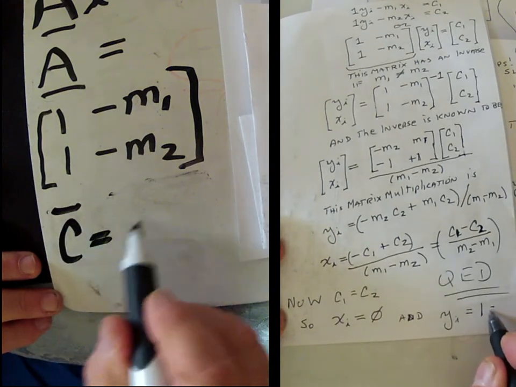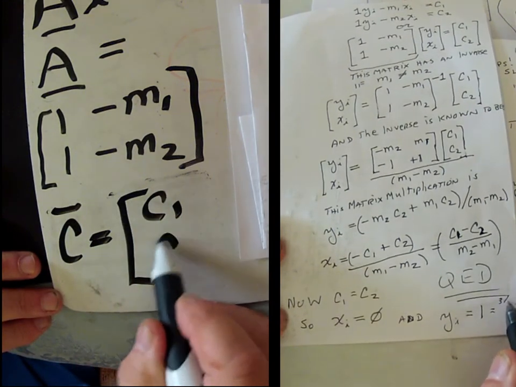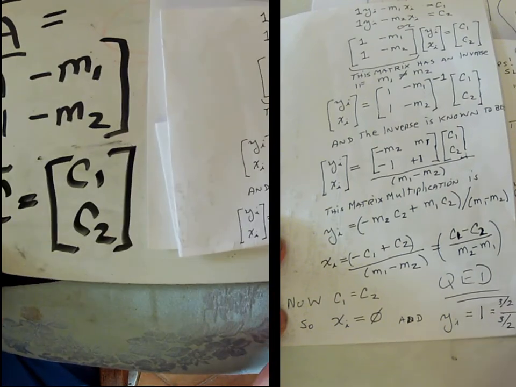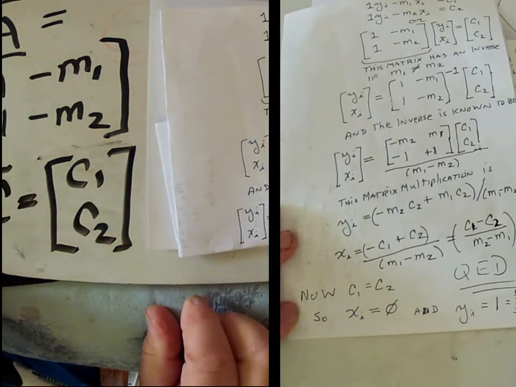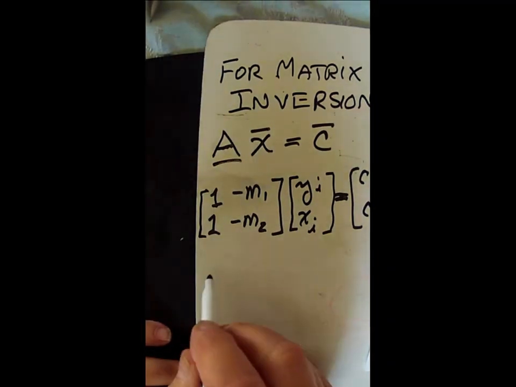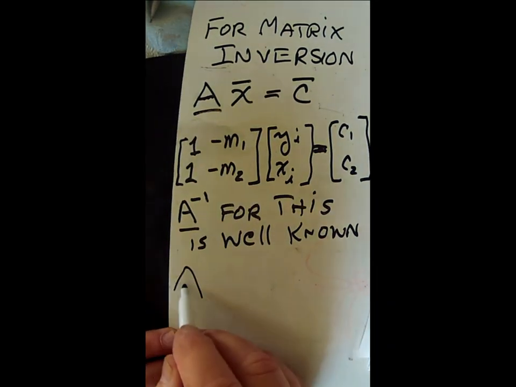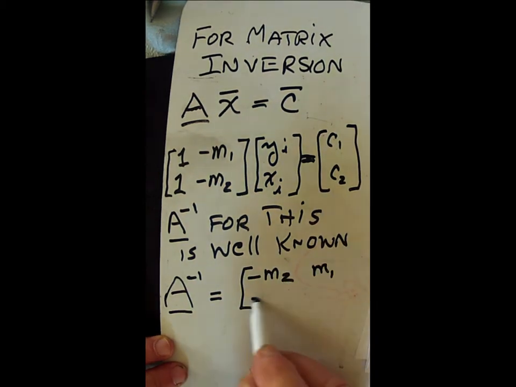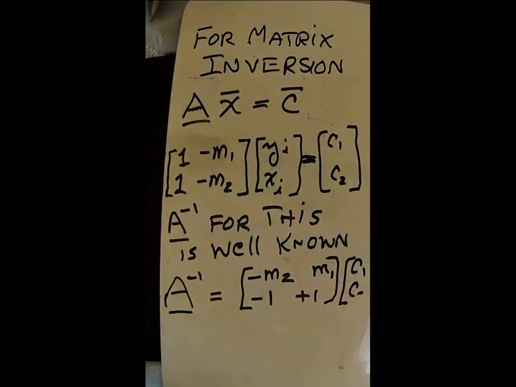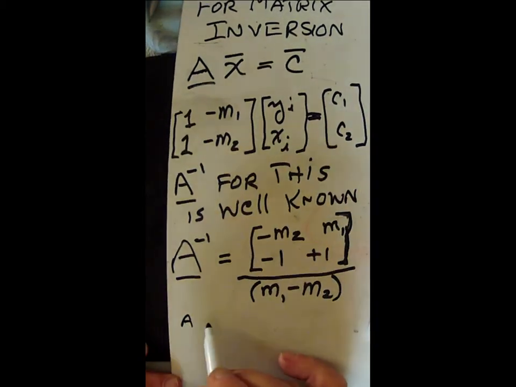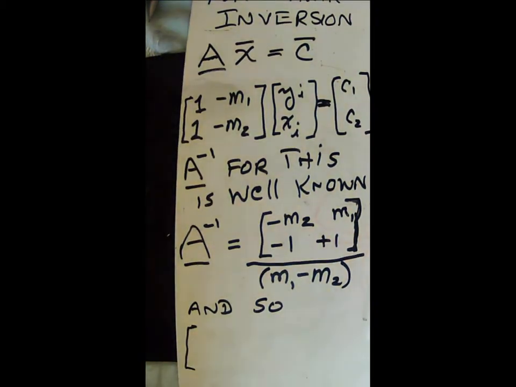Notice everything else is a vector. So my vector x that I've got shown there on the left is actually my unknowns, and the vector c are the 2 constants, c1 and c2, which are both equal to 1. So if I put those into a computer and say, okay, give me the inverse, and then multiply the inverse times the vector c, that'll give me my unknown answer for xi and yi.